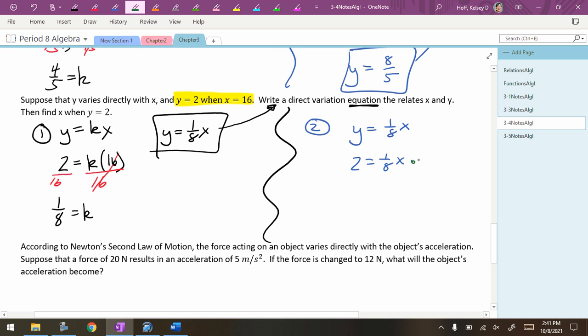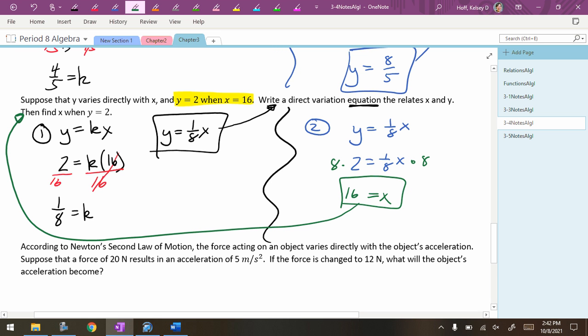Multiply by 8, or 8 over 1. So x is actually 16. Oh, I was probably supposed to change that number. Well, there you go. I think I was supposed to change that number, like to a 3 or something. Good observation, though. Whoever wrote these notes should really work on that.